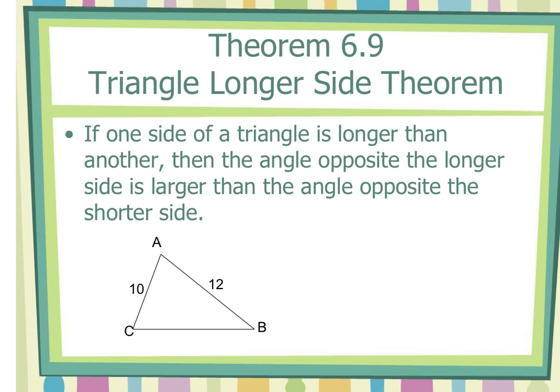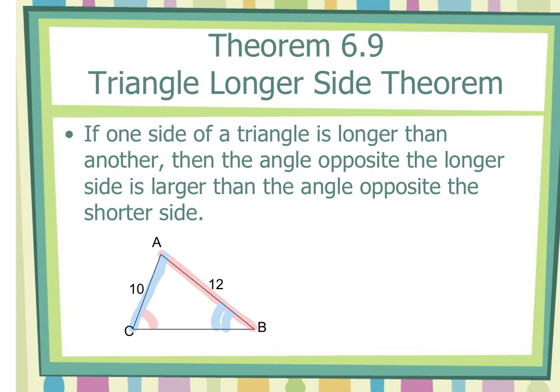So in one color, highlight AB, and then highlight the angle that's opposite AB, which would be C. And then using another color, highlight AC, and then highlight the angle that's opposite AC, which would be angle B.